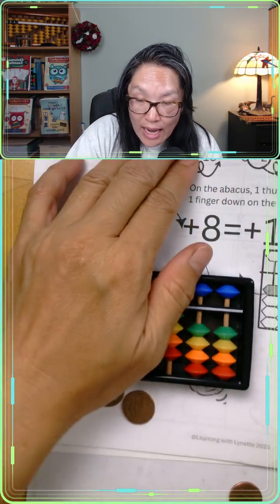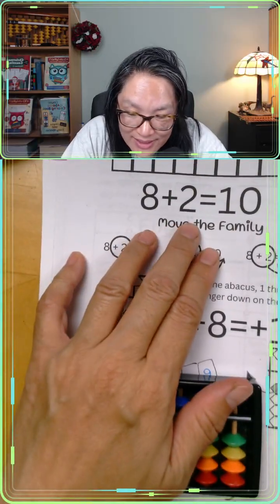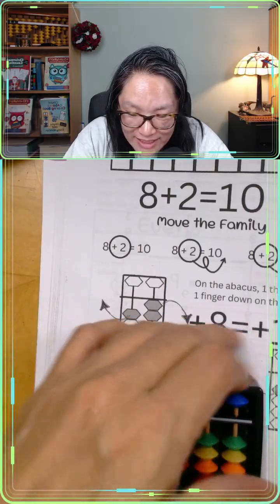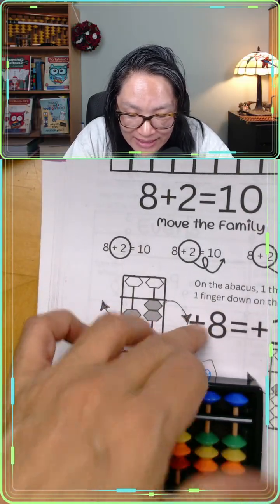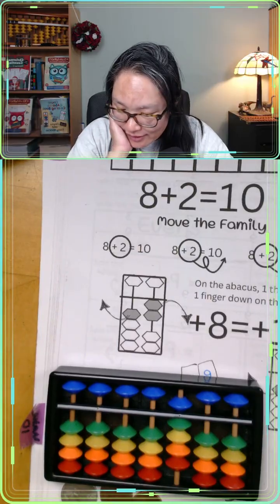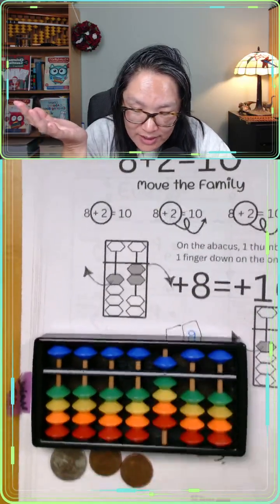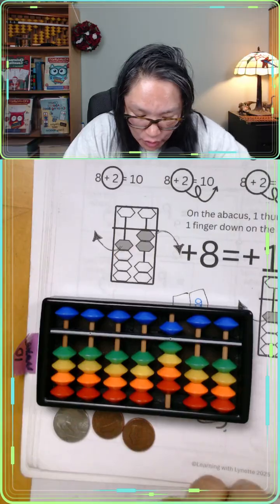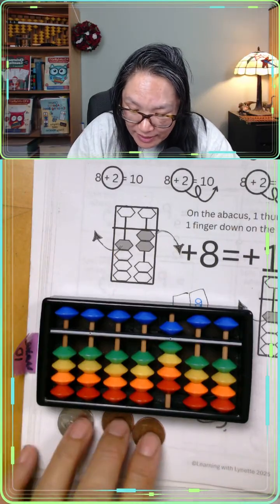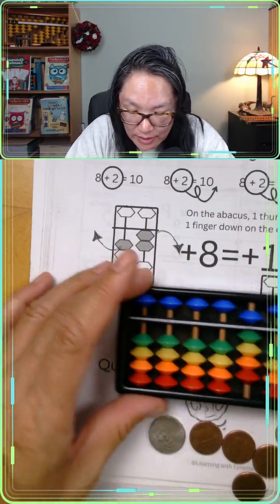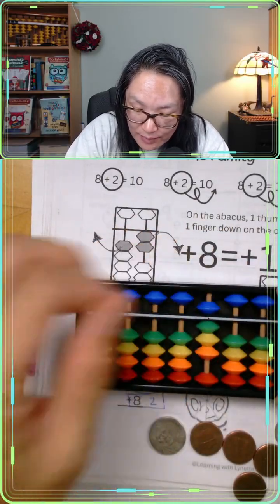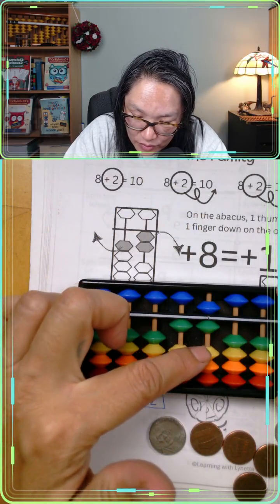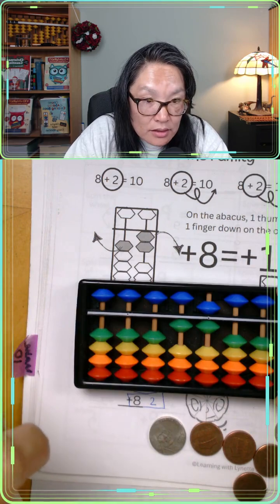In Japanese, they do rearranging, which is fantastic because they already tell you, if I already know how to make an 8, I'm just going to add to it. Memorizing just means that if I know 8 plus 8 is 16, I know that is what it is. But can I explain it on the abacus? Yes, I can. If I show you 8 on the abacus and I want to add another 8, I have to add the 10, take away the 2. So my final answer is 16.